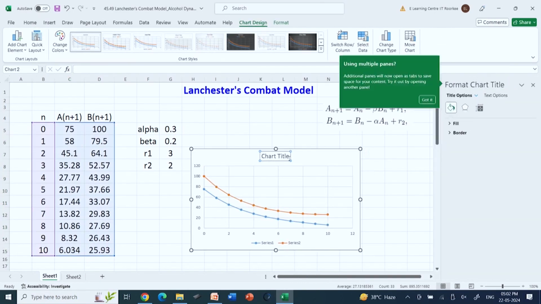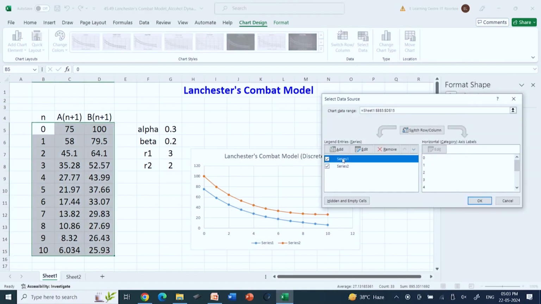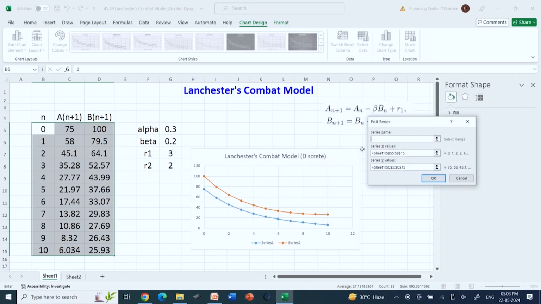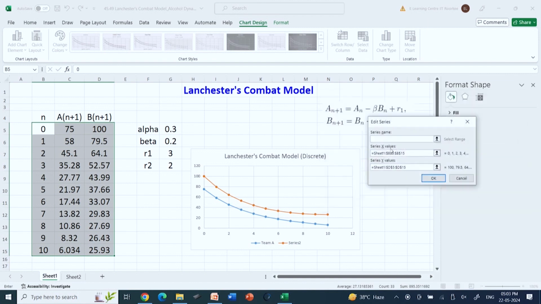So, you change the title, Lanchester's combat model, discrete, and for the series, you go to select data, series 1, edit, and you just write team A, team B.